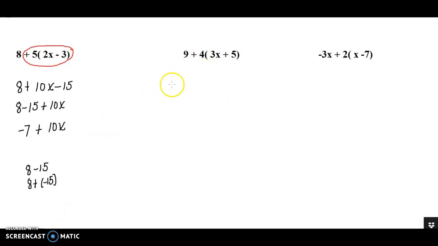So now they're asking me to perform the distributive property. We're being asked to do that part of the problem first. So what I'm going to do is bring down that 9 and then perform the distributive property. That gives me 12x plus 20.